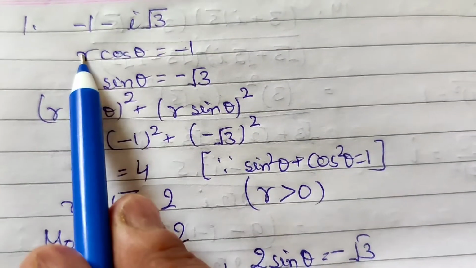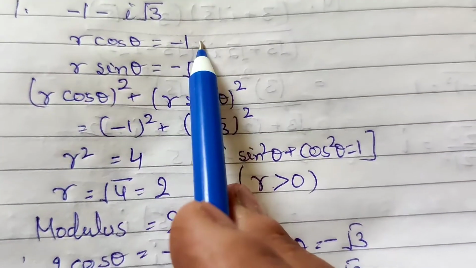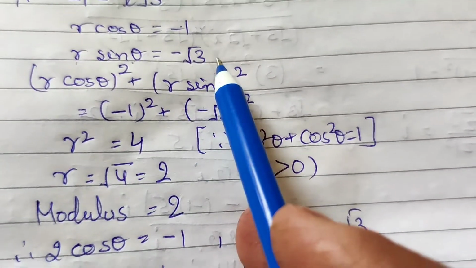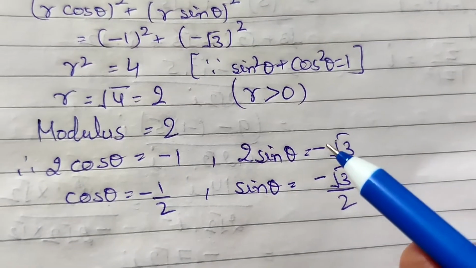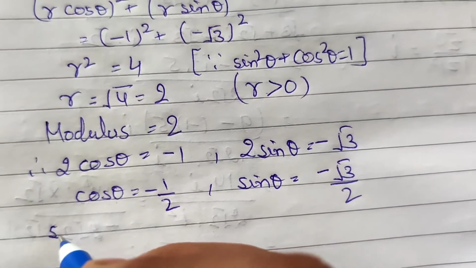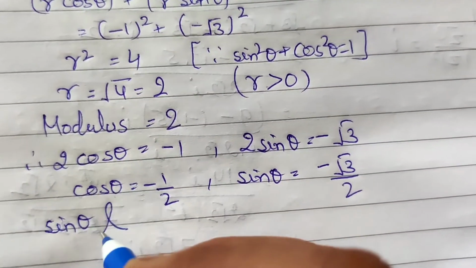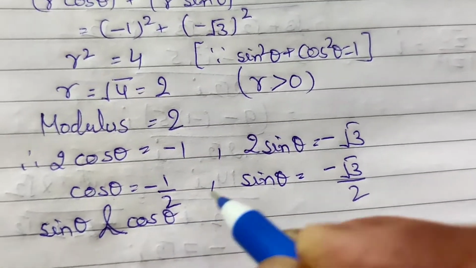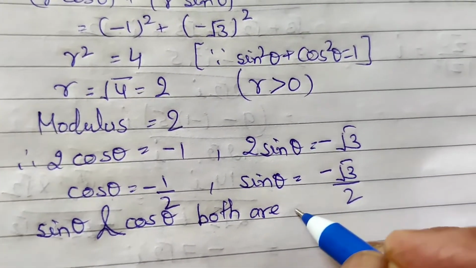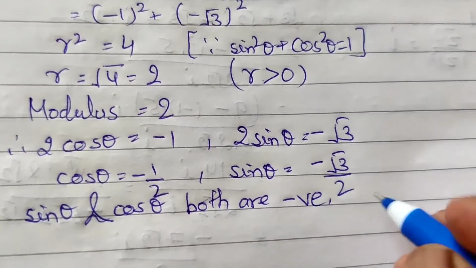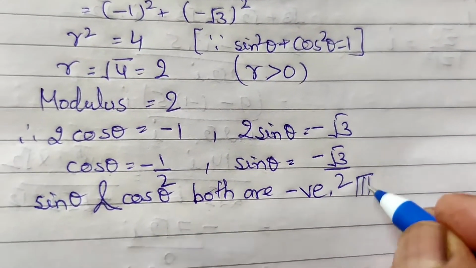Put the value r equal to 2, 2 cos theta equal to -1, 2 sin theta equal to -√3. Sin theta and cos theta both are negative. Therefore, they lie in the third quadrant.